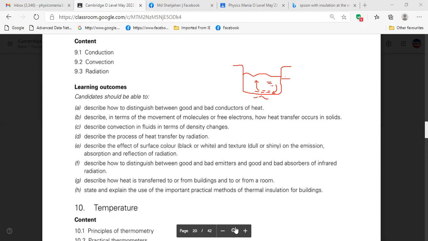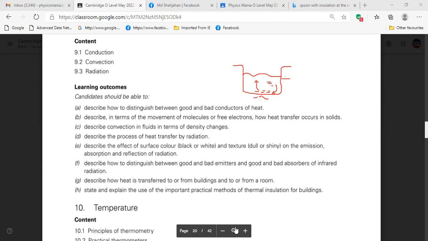What is the process? We know heat is transferred by conduction when objects are in contact with each other, but the sun is not in contact with the earth. So there is no possibility of conduction, and no possibility of convection. So the process is radiation.